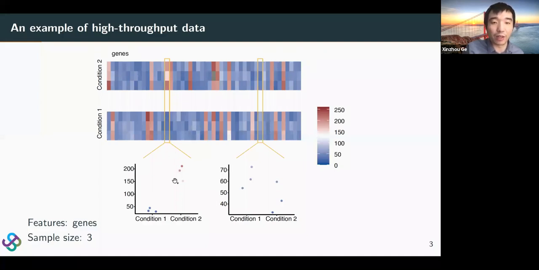So if we look at this figure, we can see the expression values for condition 2 are higher than the expression values for condition 1, so this gene may perform differently between the two conditions, or if the two conditions are cancer and non-cancer, it may mean that this gene has some functional relationship with the cancer.